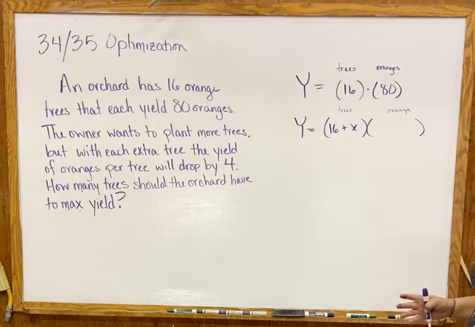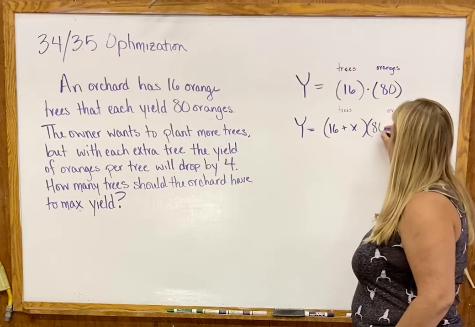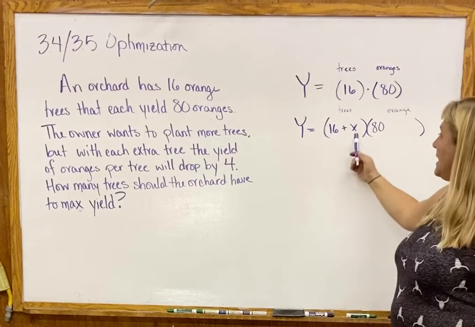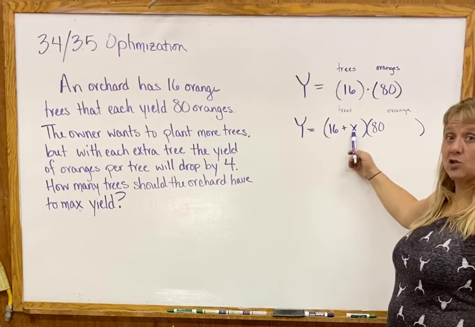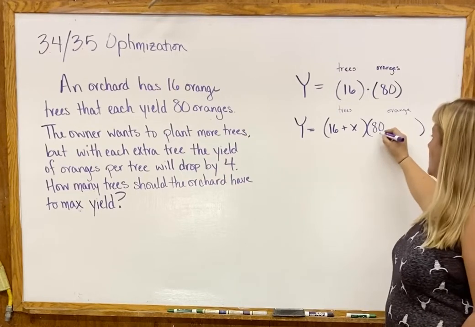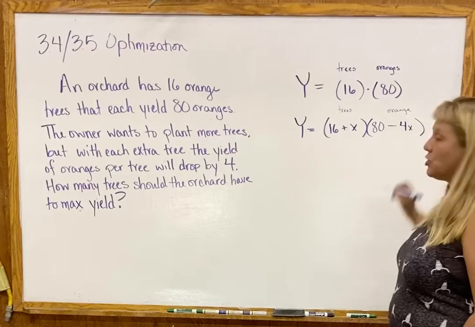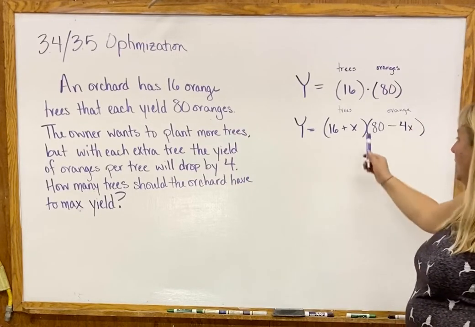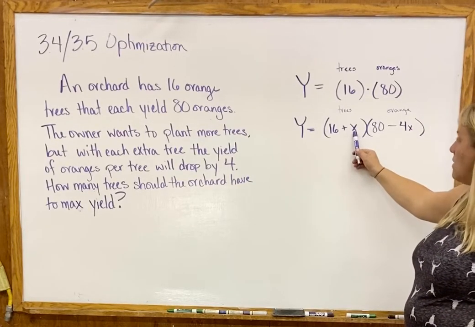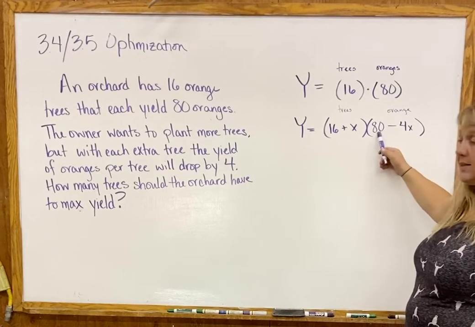But when it comes to oranges, for each extra tree, for each x tree, the yield is going to go down by 4. So our 80 is going to start subtracting 4 per tree. If we plant one more tree, we lose 4 oranges per tree, for 76.